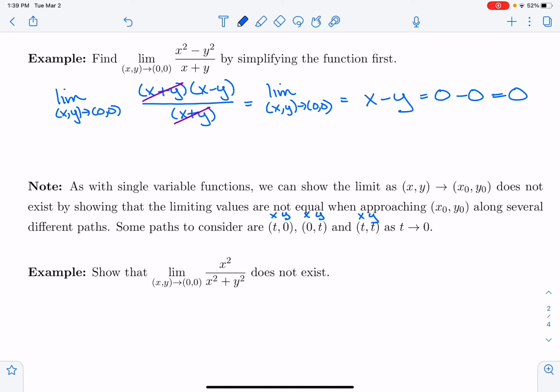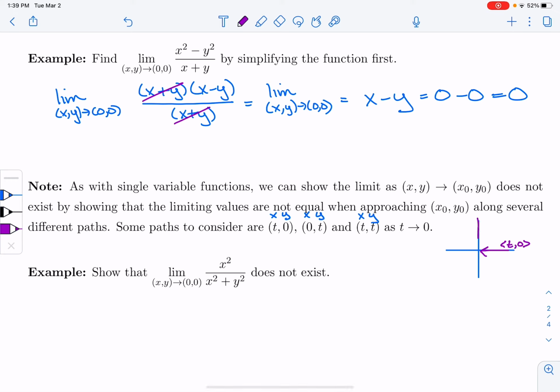The idea here is that if I'm trying to approach the point 0, 0, I can approach from this direction along the curve t, 0.